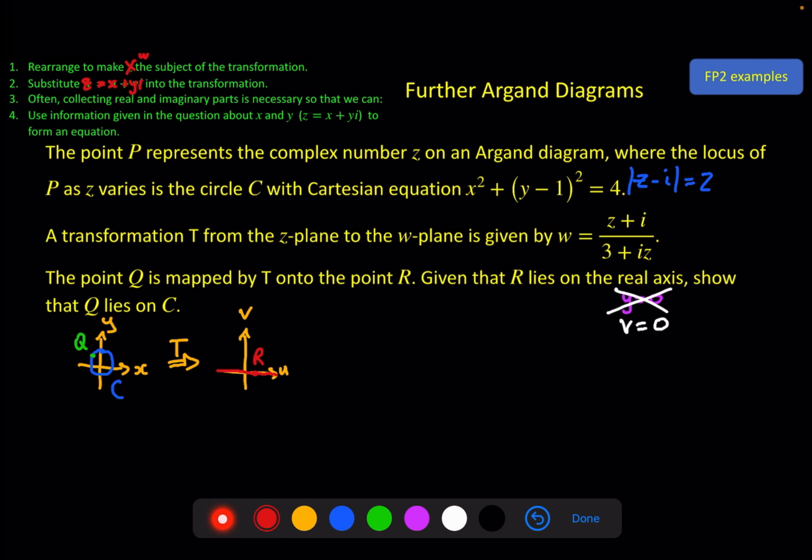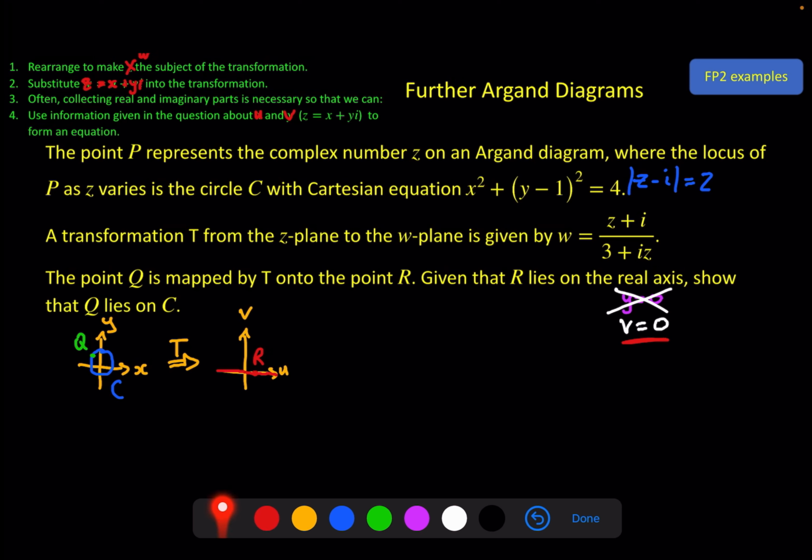Then we go through the same process, but instead of using information about x and y, we use information about u and v, specifically v, to form an equation in x and y. So all the process is the same, but we're going from w to z instead of z to w. Now we're clear on what we're doing, the rest of the problem is fairly standard.